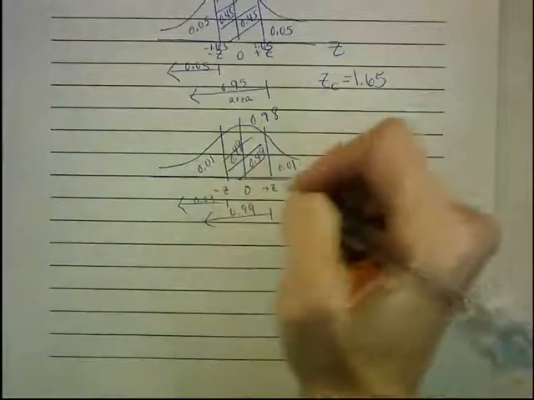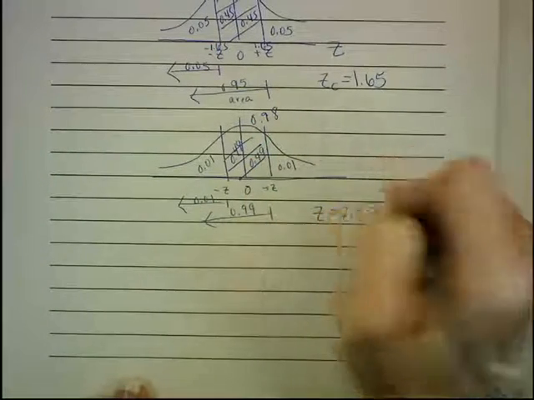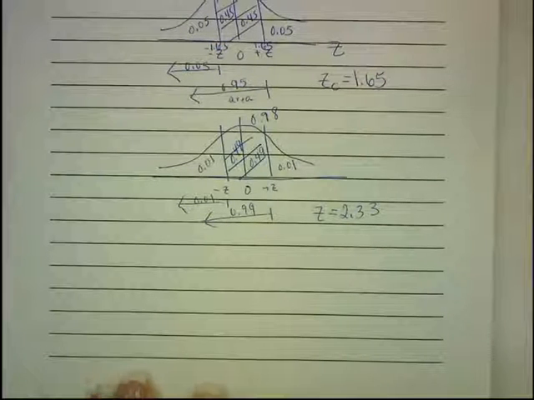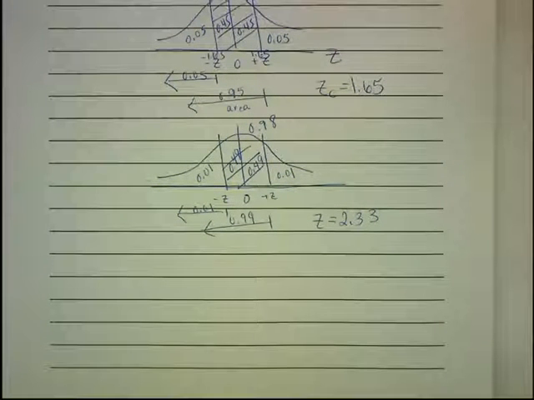So again, z is a positive 2.33 for the z-score. Or excuse me, the critical value for a 98% confidence interval. And you just do that every single time. It's the same method.